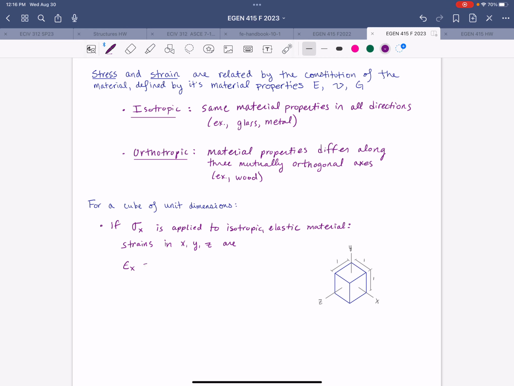Normal strain in X is 1 over Young's modulus times sigma X, and normal strain in Y is equal to normal strain in Z, and both of those are equal to negative Poisson's ratio, which is that Greek letter nu, times sigma x over Young's modulus.